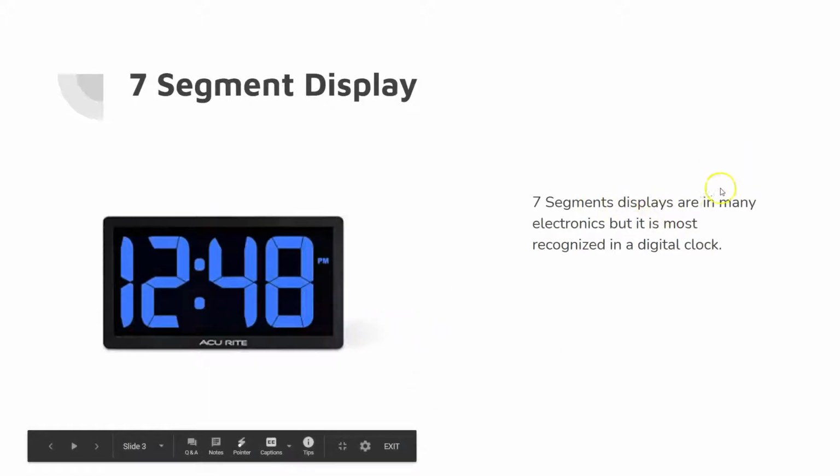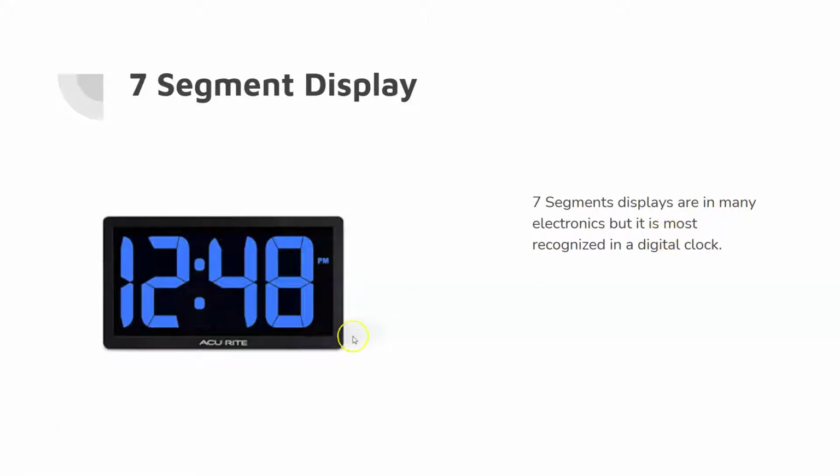7-segment displays are in many electronics, but most recognizably they're in digital clocks, right? So when we look at the number 8, we have 7 separate LEDs that produce this one 7-segment display. So we have our individual segments that make up that 8.